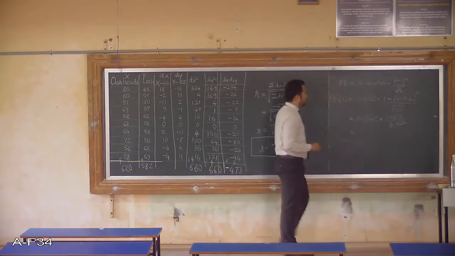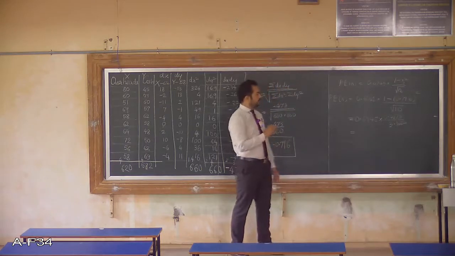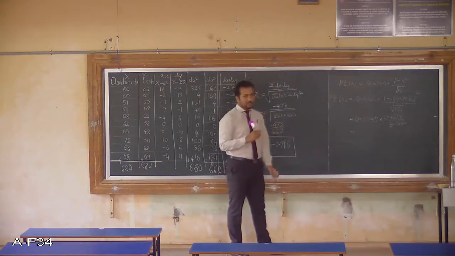So 1 minus r square is 0.4873 and the square root of 10 is 3.1622.